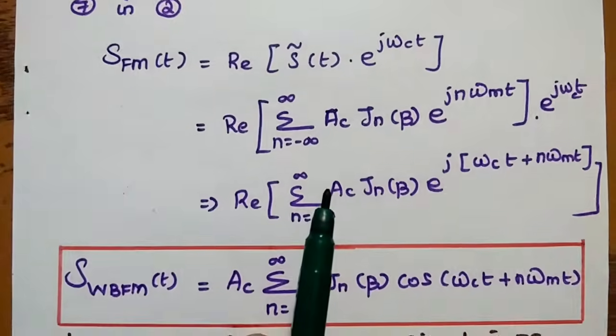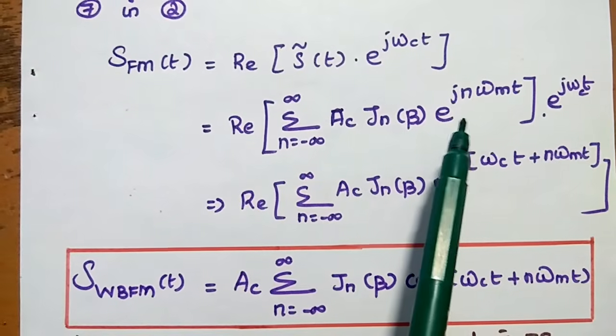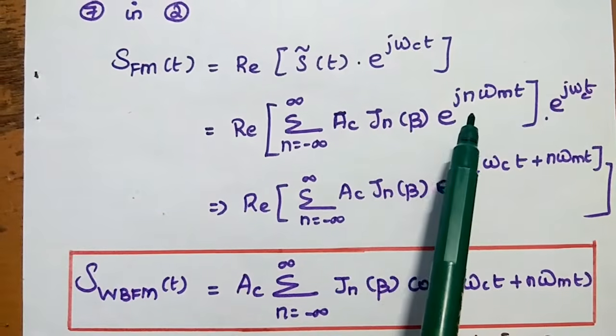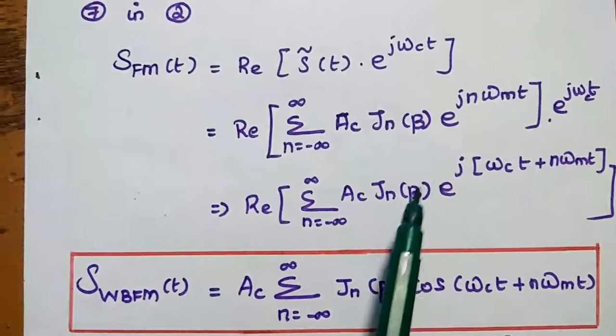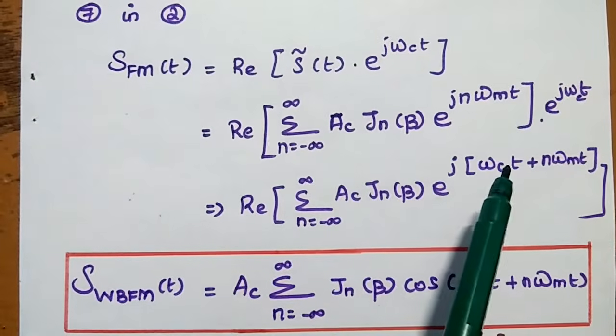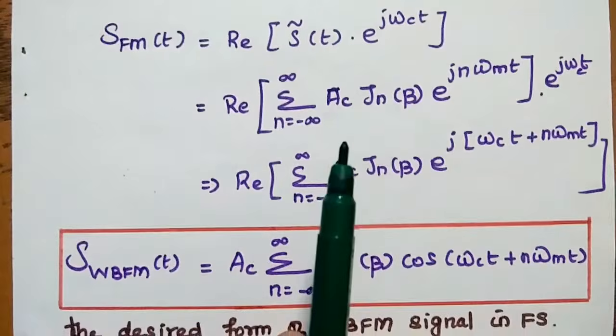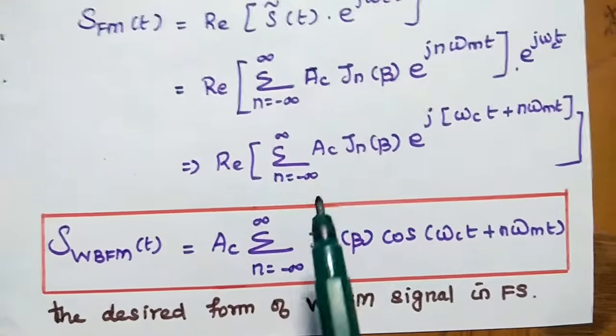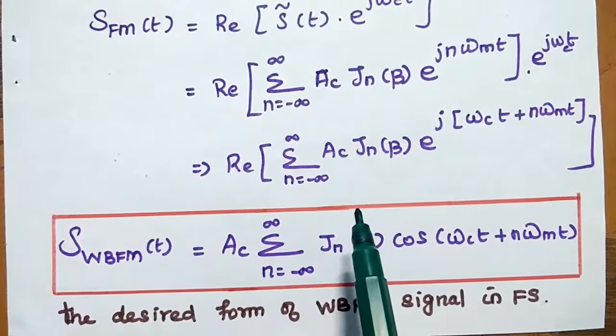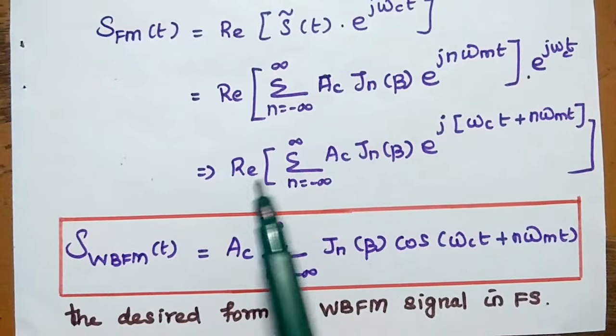Now we can combine these two signals together. Here e power j is common, t is also common. So e power j (omega c plus n omega m) t. Okay. Here we can rewrite this expression with the real term alone.